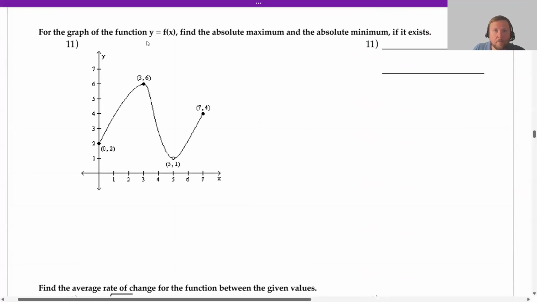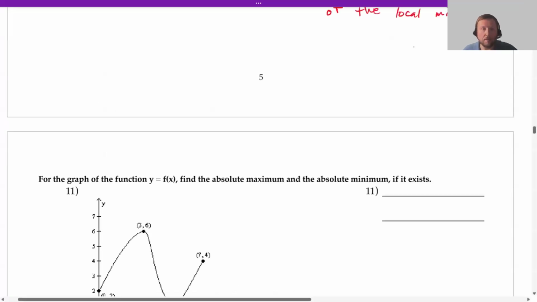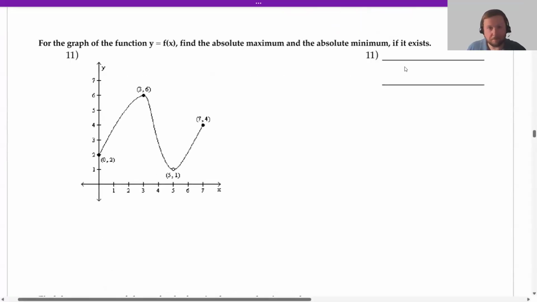For the graph of function y equals f of x, find the absolute maximum and the absolute minimum if it exists. So this almost looks like a closed interval, but we do see this one open circle there, which means it's not closed.